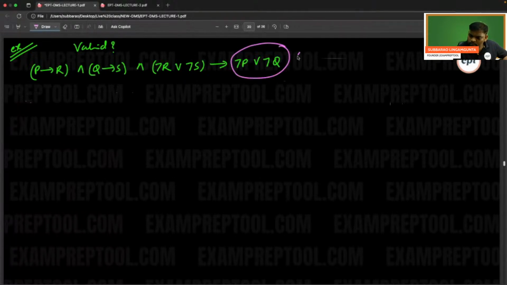Assume this is false. You know very well it is an OR operator. If this is false and this is also false, both are false, then only it is false. If you want to prove the right as false, then both should be false. Remember, negation P false means P is true.